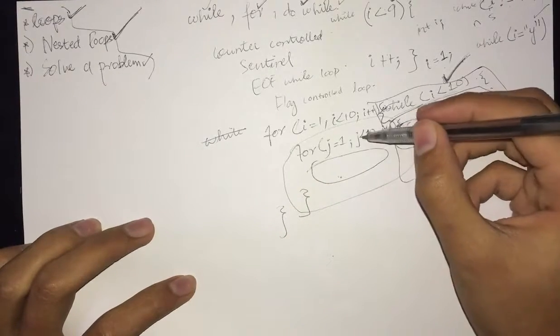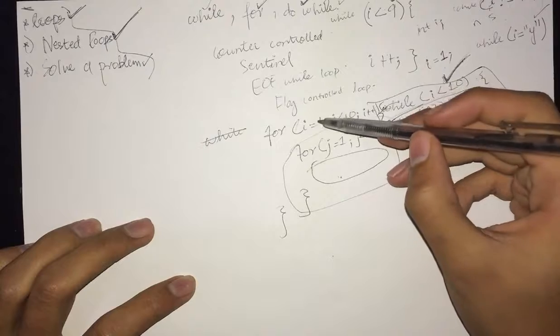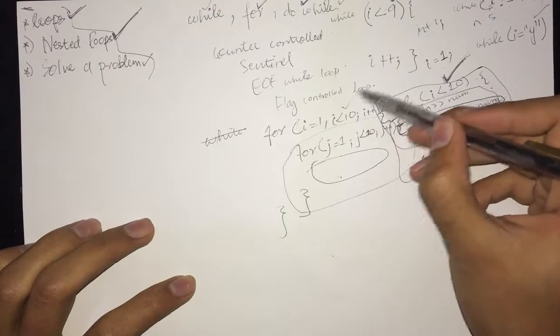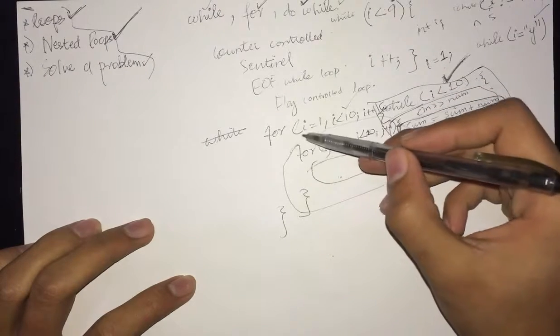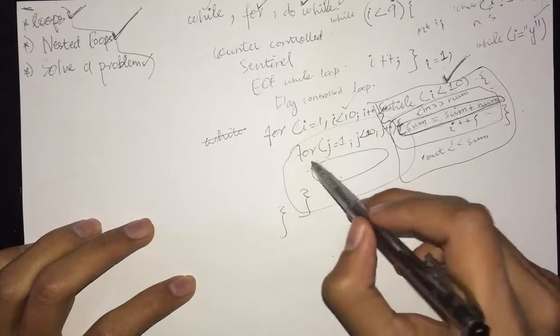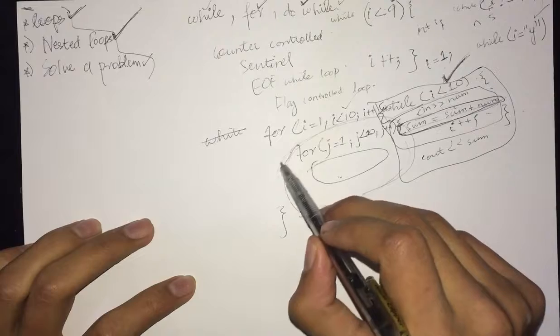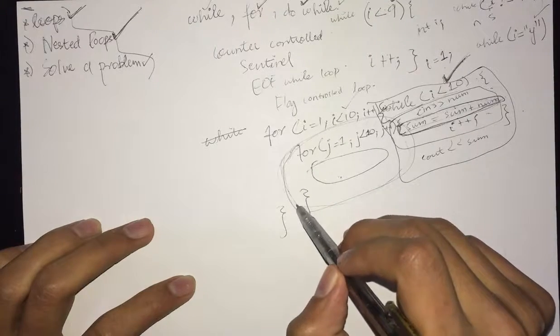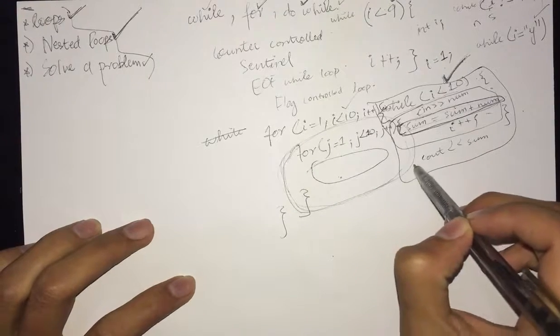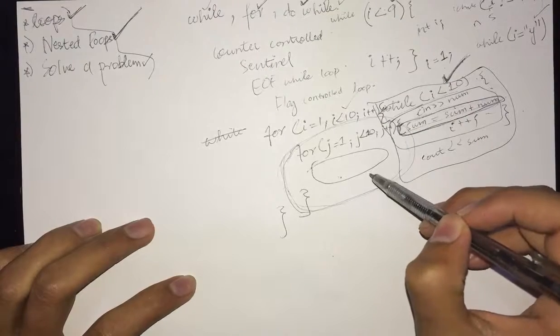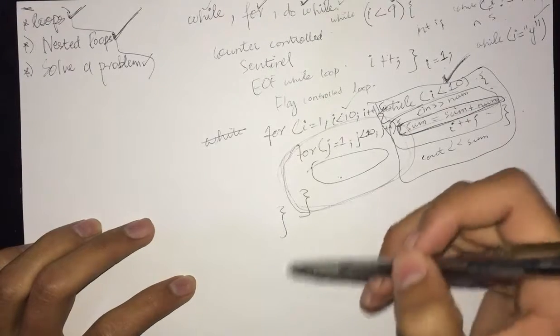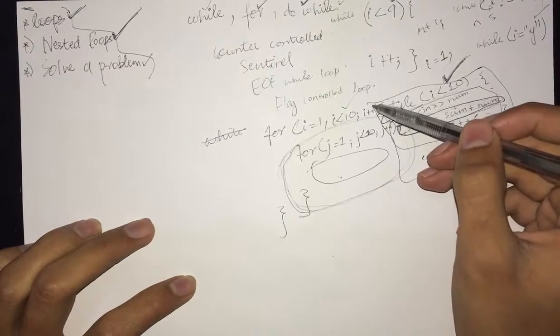And there are certain properties of nested loops. For example, if the conditions are true in the outer loop, the first one, then the second loop, or the inner loop, is going to complete all of its iterations before the control goes over to the outer loop.